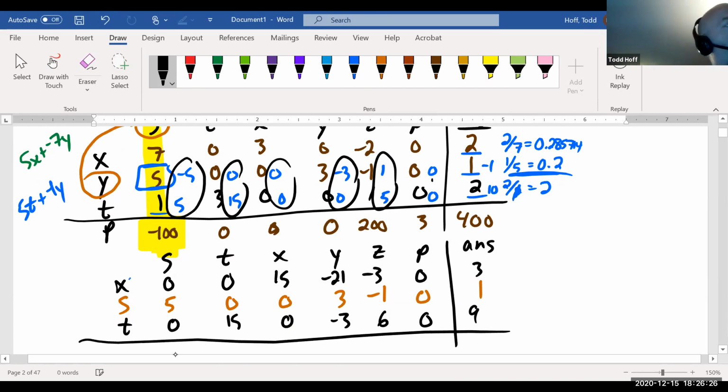Well, I still have to do column P. So let me erase my temporary numbers here.